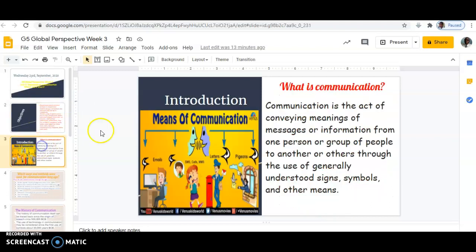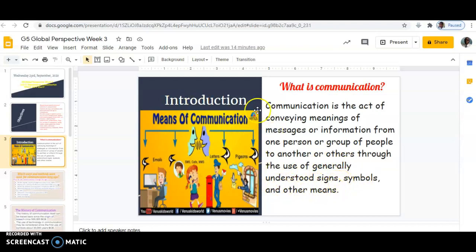We still continue asking ourselves, what is communication? Communication is the act of conveying meanings of messages or information from one person or group of people to another or others through the use of generally understood signs, symbols, and other means.